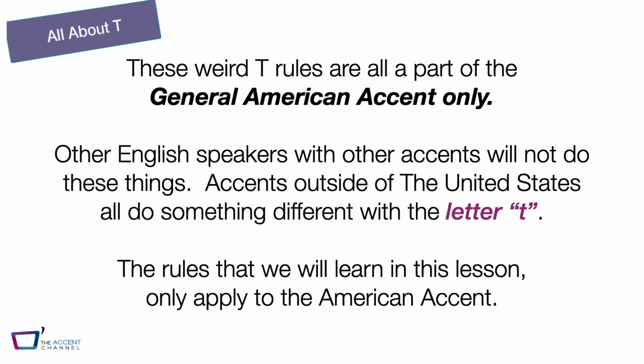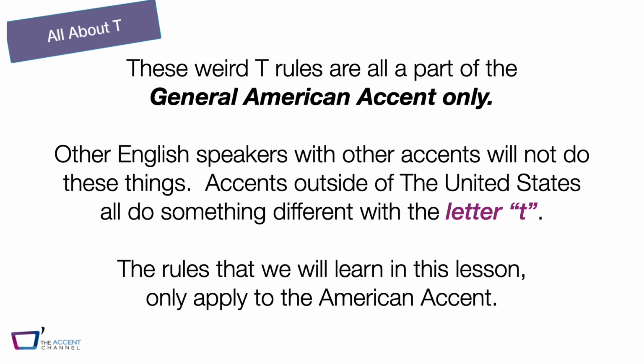Now, before we get into the rules, I want to make it clear that these are all a part of the American accent only. Other native English speakers from places other than the United States will not do these same things. They don't follow these rules. They may do some of them, but not all of them.